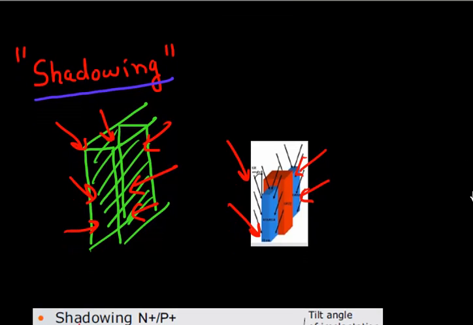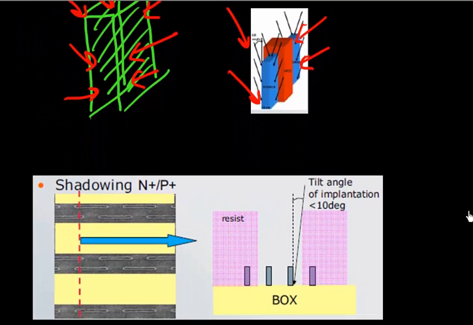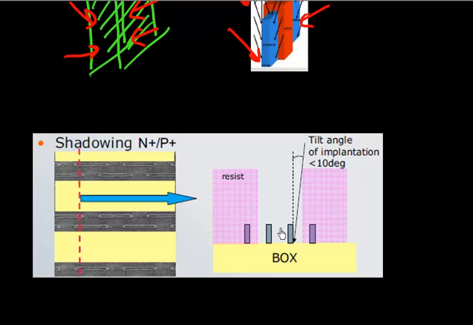The problem we get is the 3D nature of these fins. You have these fins sticking out, and let's say these are the p-type fins. When you are implanting your p-type fins, you want to cover your n-type fins, so you cover them with a resist, and there's only a limited amount of spacing between your p-type and n-type fins, and you have this resist.